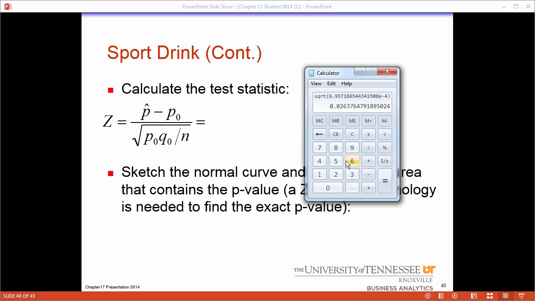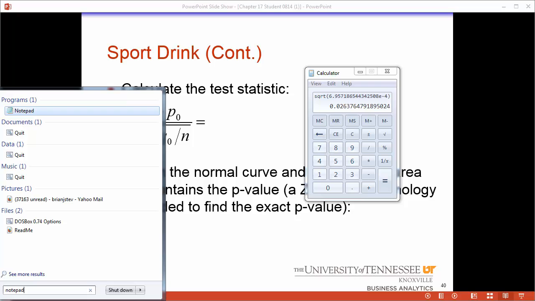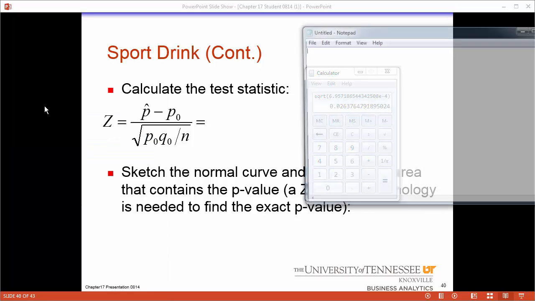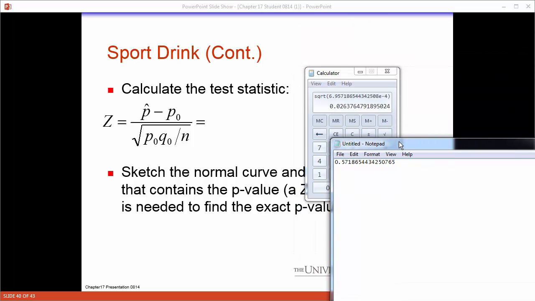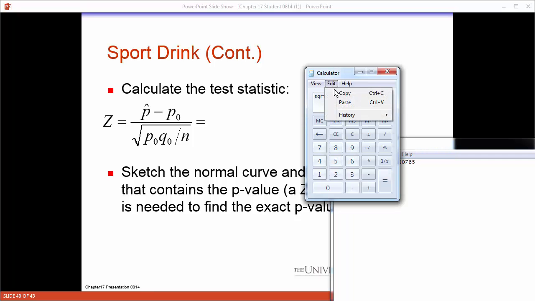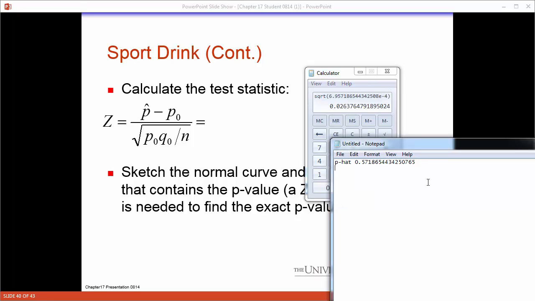And now I'm going to go to a notepad very quickly, and I'm going to paste in my numbers so I don't lose them. So this is p hat right here. And here's the standard deviation.